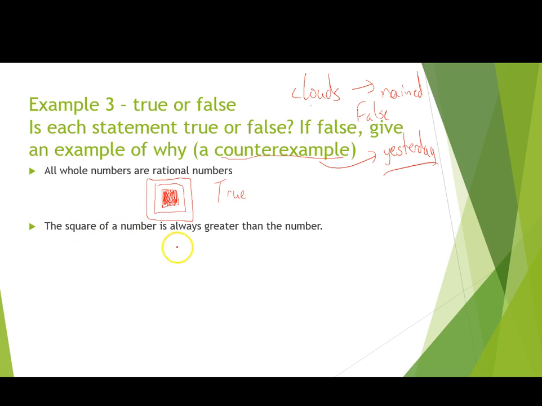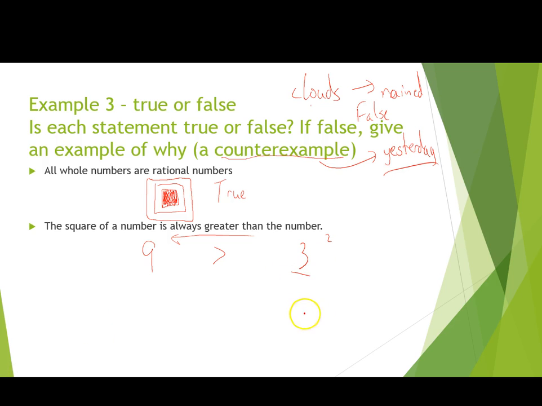The second one is, the square of a number is always greater than the number. If I give you an example, let's say I'm thinking of the number 3. If I square that number, the square of that number is greater than the number.